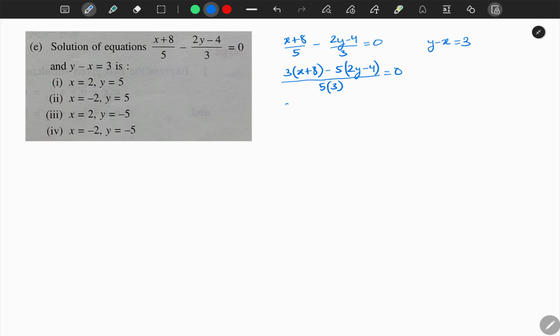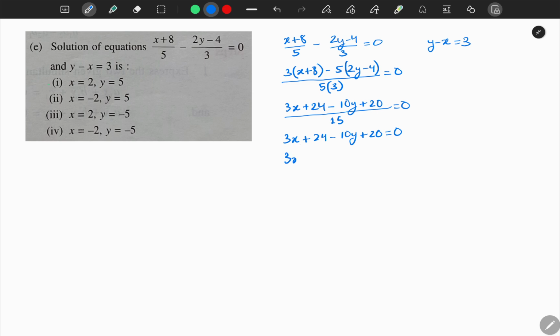Now 3 into x is 3x, 3 into 8 is 24, minus 5 into 2y is 10y, and minus into minus is plus, 5 4s are 20, 5 3s are 15 equals 0. This 15 is in division here, goes there in multiplication. 15 into 0 is 0. So 3x + 24 - 10y + 20 equals 0.